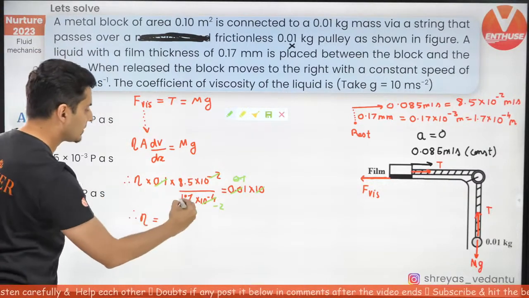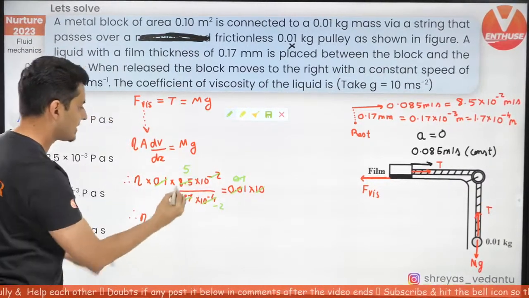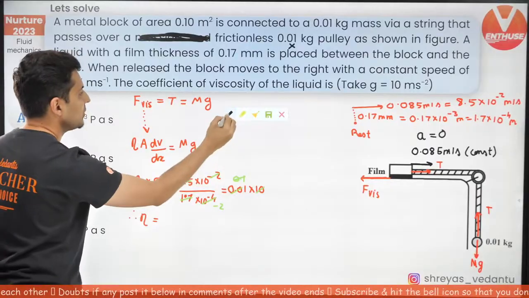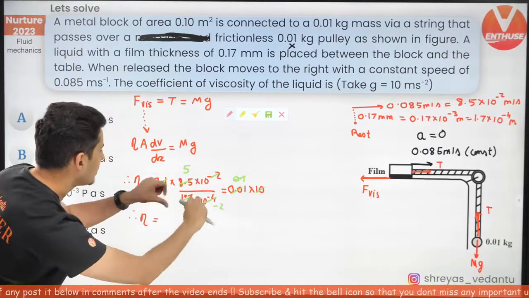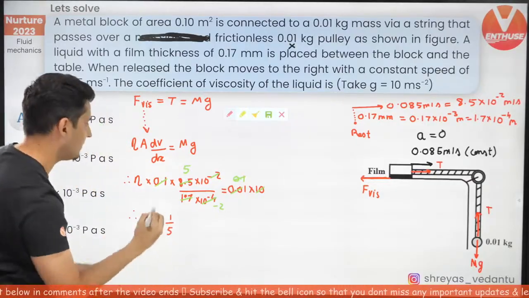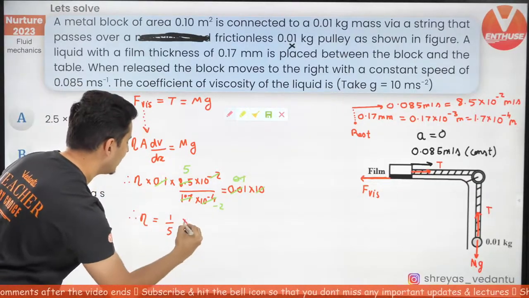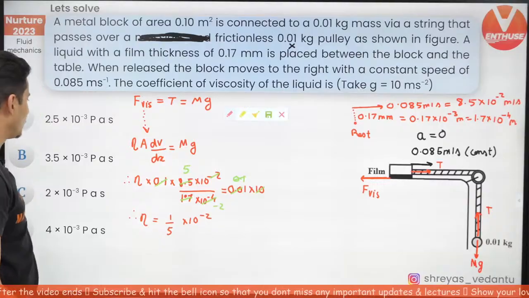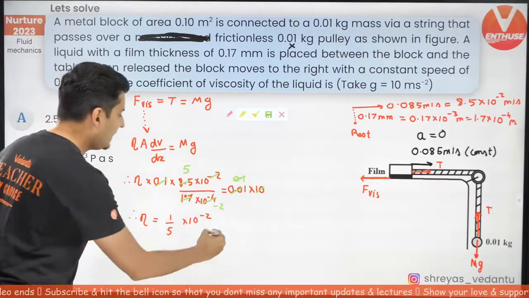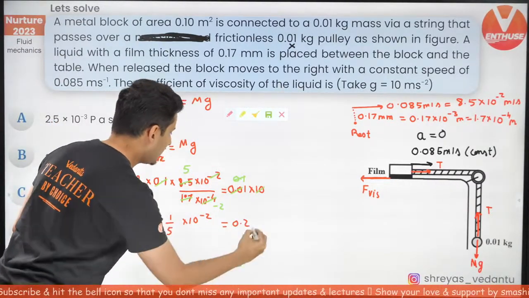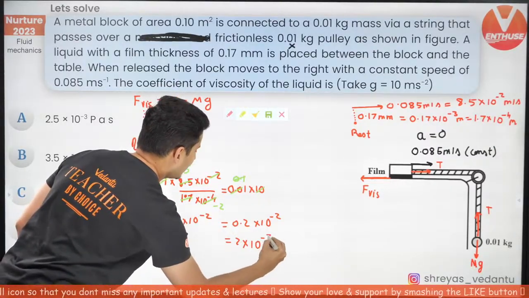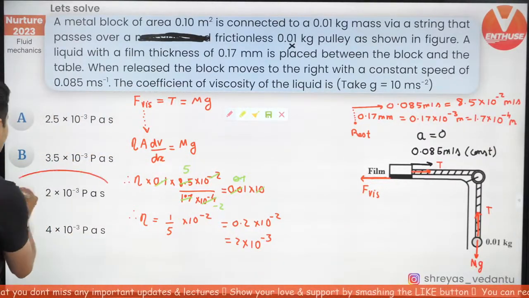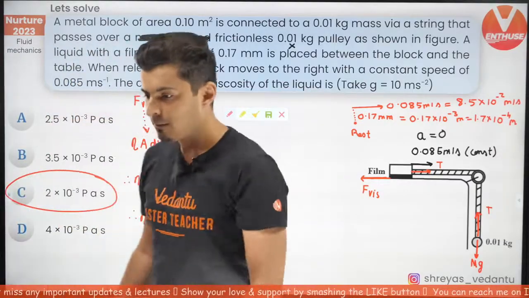I know that also goes. This goes 5 times. So basically what I have got is nothing over here. So it will become 1 by 5 and it will go over there and it will become 10 to the power minus 2. Right? So 1 by 5 is 0.2 into 10 to the power minus 2. So this will be 2 into 10 to the power minus 3. Is that there? Yes, it is. Perfecto.